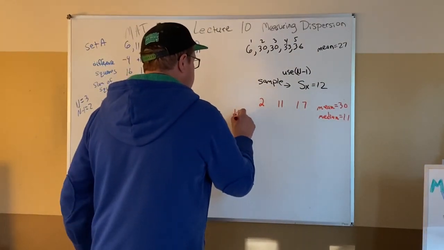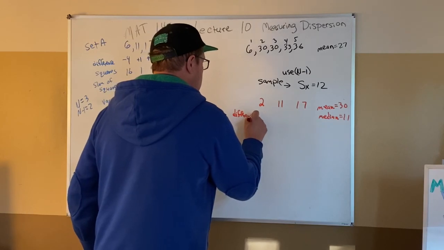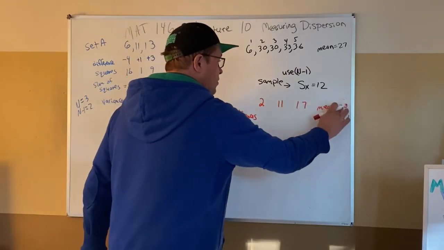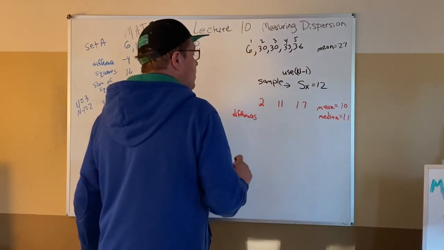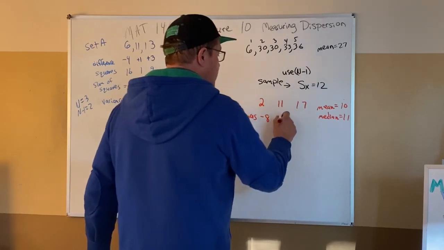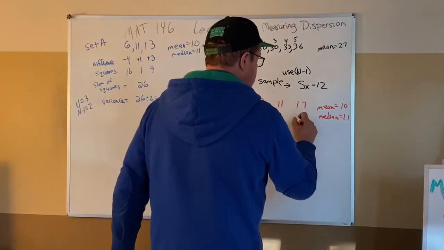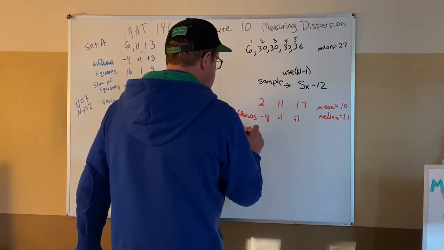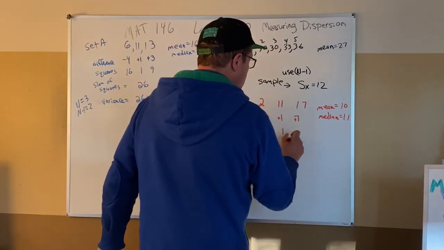Think about our differences. The mean was 10. 2 minus 10, negative 8. 11 minus 10, 1. 17 minus 10, 7. Squares: 64, 1, 49.